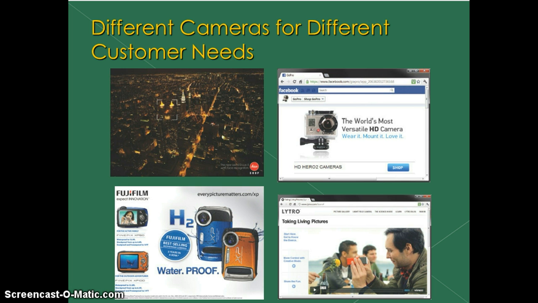And there's just an example here of different companies that make cameras and how they make different cameras for different needs or wants that the customers have. GoPro is very well known for a lot of athletes and extreme sports especially. They can have their cameras attached to helmets, and they can have them attached to bikes and like Sea-Doos and boats and all kinds of stuff.